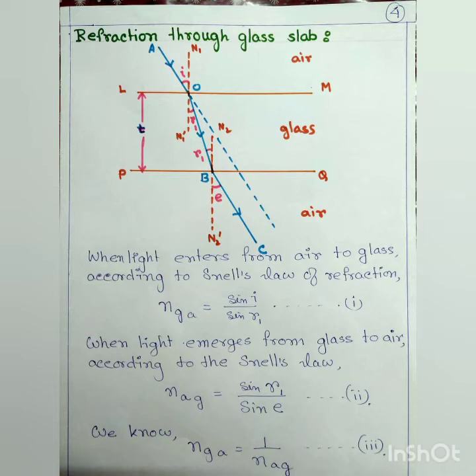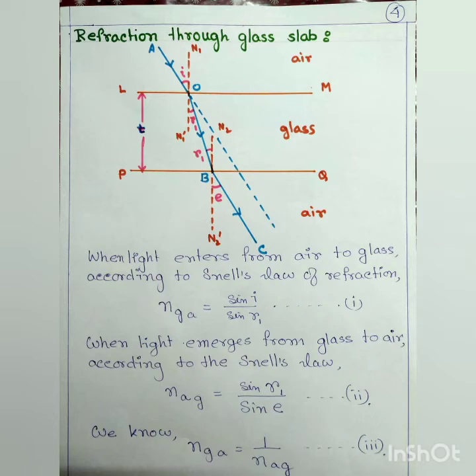And while the light emerges out from glass to air, according to Snell's law, the refractive index of air with respect to glass will be sin R1 by sin E. Carefully observe for the second situation: the incident angle is R1 and the emergent angle, or refracted angle, is small e, that is, the refractive index of air with respect to glass is sin R1 by sin E, equation 2.